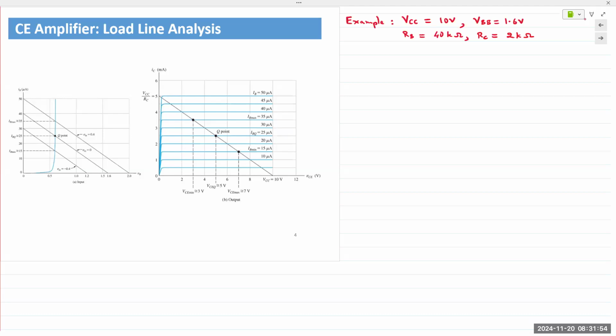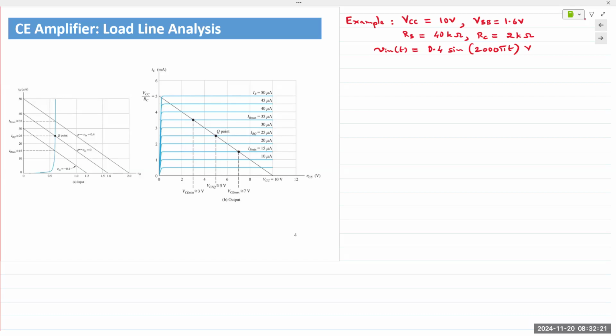Vin(t) is given as 0.4 sine of 2000 pi t volts. The circuit does not change the frequency. It will affect the magnitude and the phase of the signal, but it does not affect the frequency.